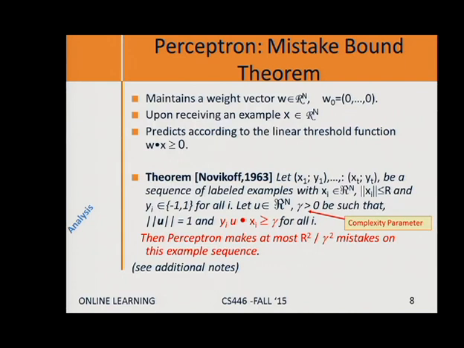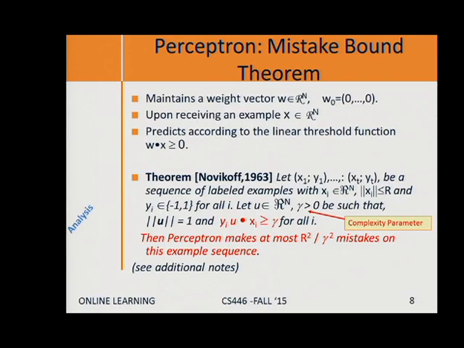Yeah? So the equation should left side have a... No, because I don't need it. So this could be either +1 or -1. If it's +1, basically what I'm saying here is that this is greater than gamma. If it's -1, essentially this says that the dot product is less than minus gamma. Right?